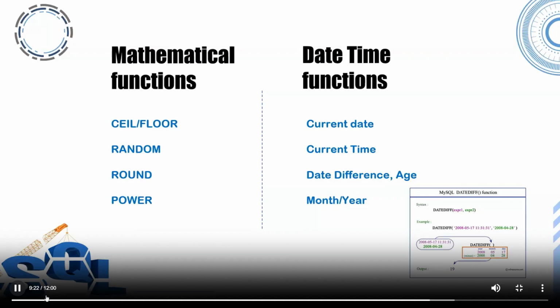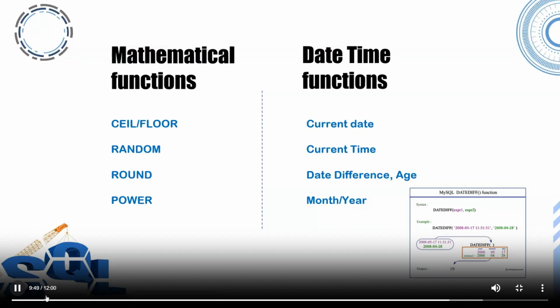Next, we will be looking at the date time functions. This is a very important concept. It helps us to get the current date, current time. If you want to get the date difference between two particular dates, or for instance, let's say I want to calculate the age of a particular person on this particular day, what I can do is get the date difference from his birth date to this particular date.